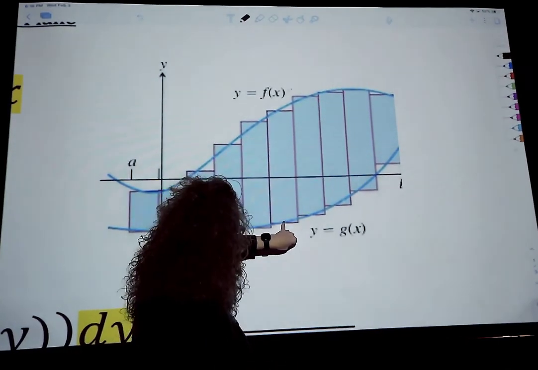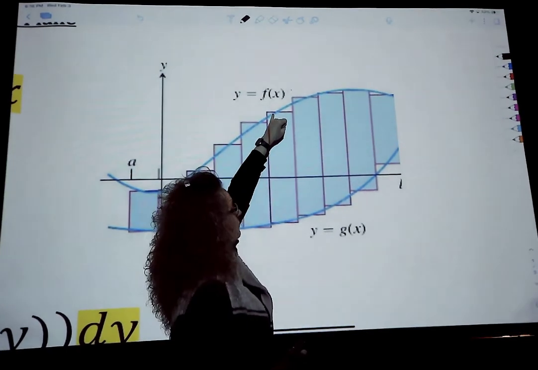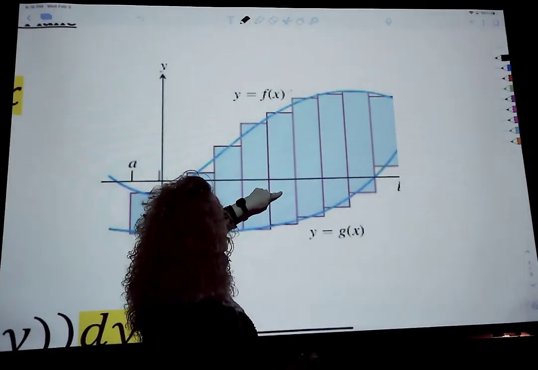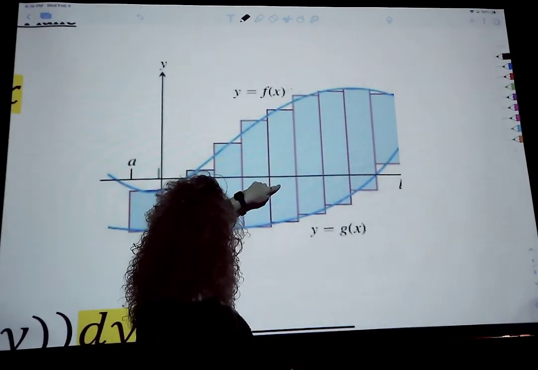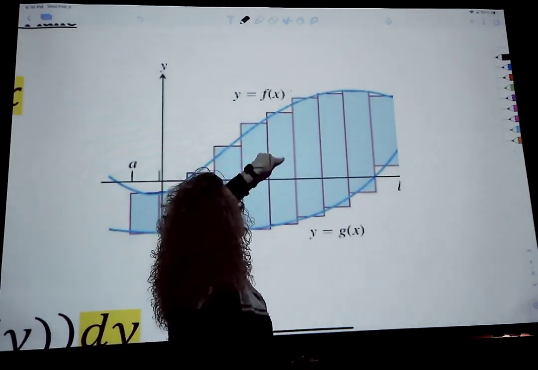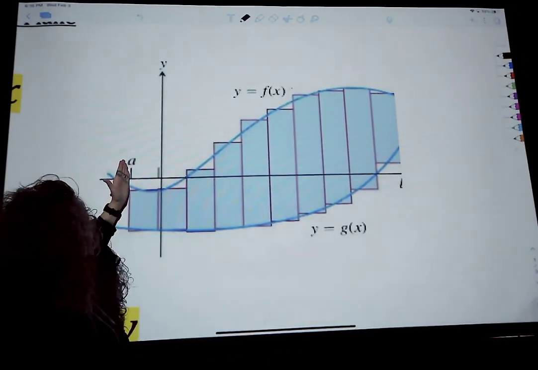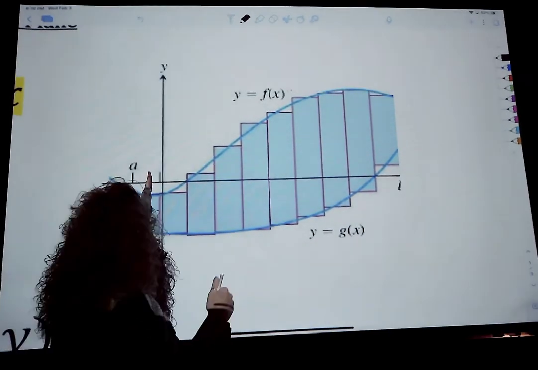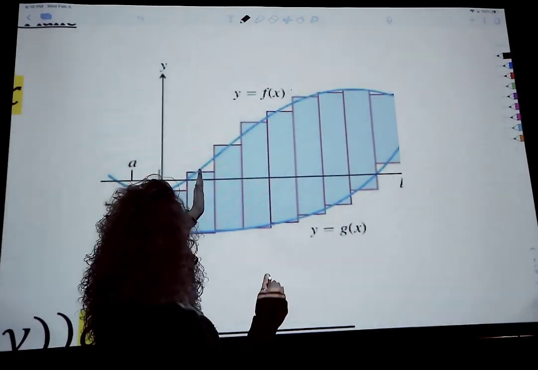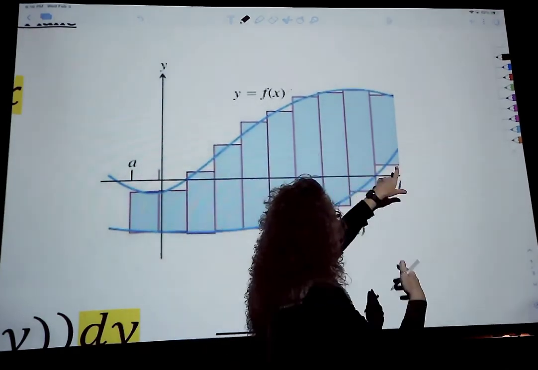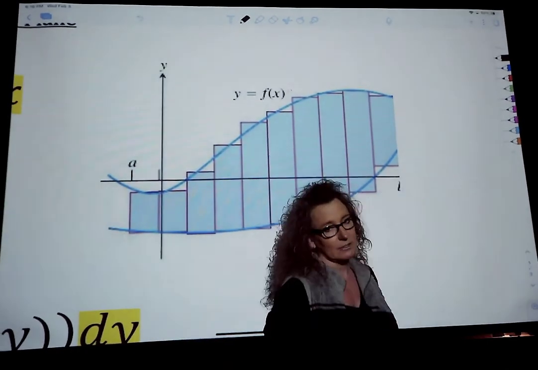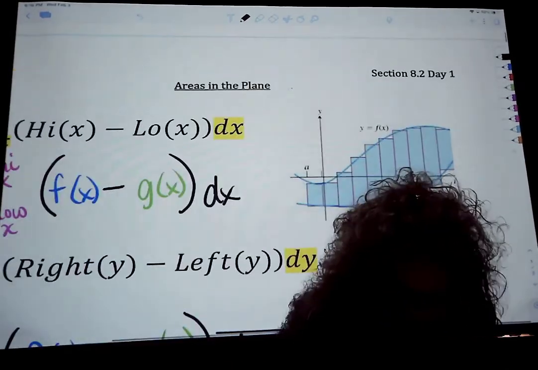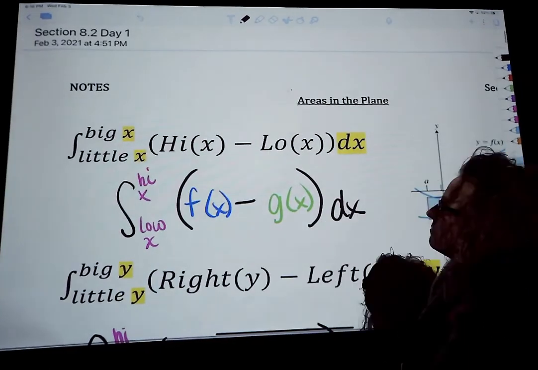It hits this function and it hits this function because it's going to be using these y values and these y values. We're going to start with a low x value, and basically what we're doing is adding areas of rectangles over and over again until we get to a higher x value. But the integral does all that for us.